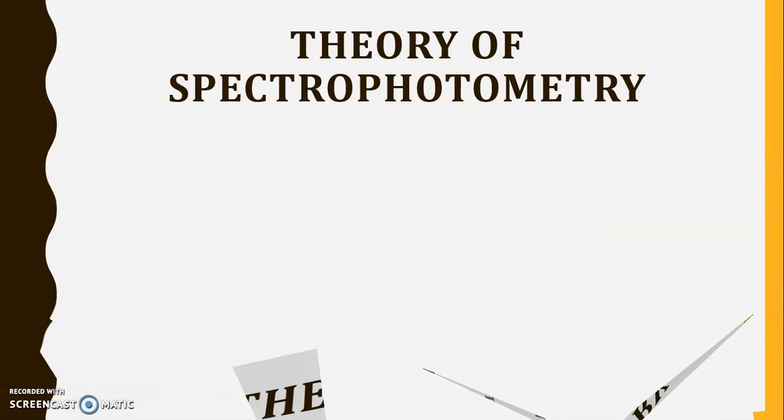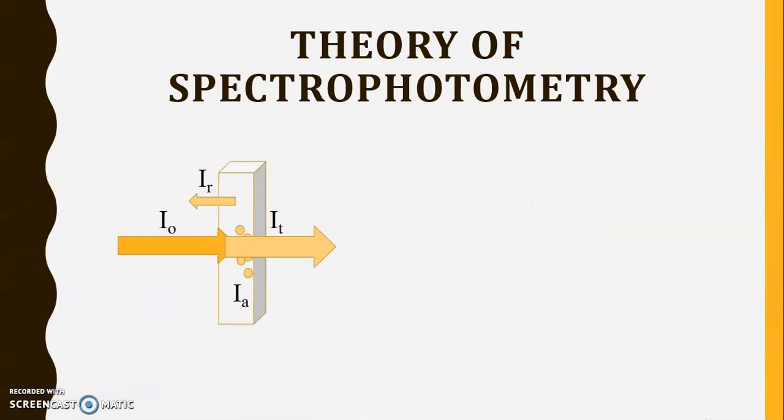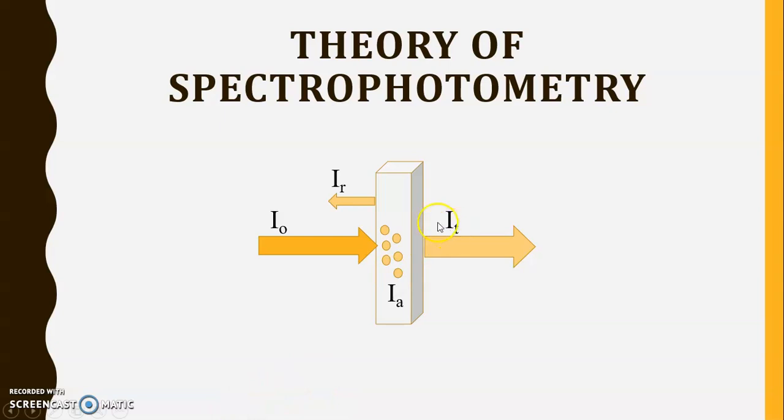This can be easily explained with the help of this particular diagram, so that you can understand. Here you can see this is the total amount of light that is incident, denoted by I0. What happens is that whatever amount of light is falling on the sample, some light gets absorbed, some gets reflected, and some gets transmitted, so the light coming out from your sample will have less intensity compared to the light falling on your sample.